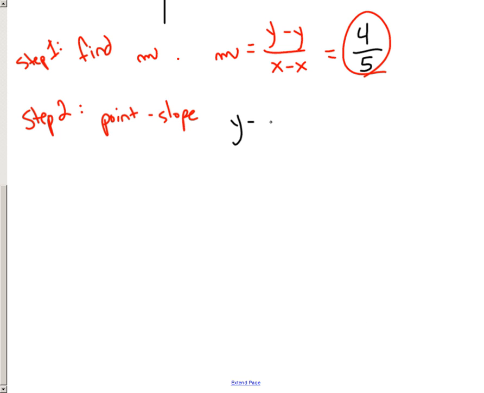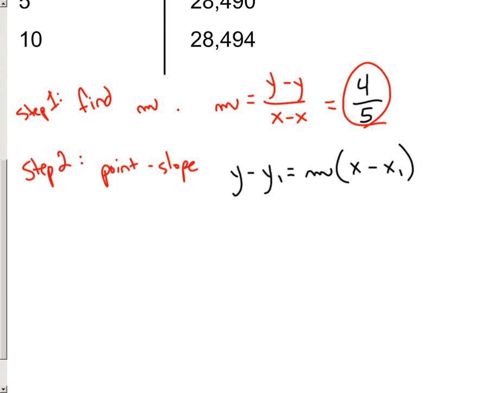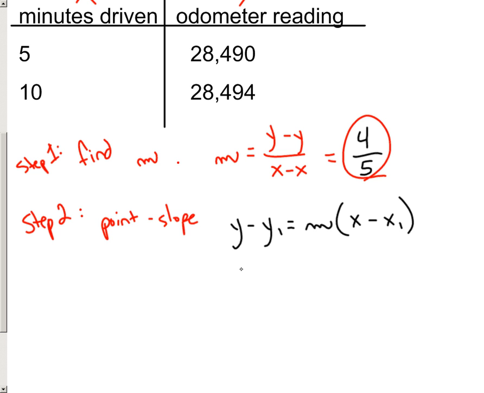Y minus y1 equals slope times x minus x1. All right. These y's are about the same, but I like that 5 a little bit more than the 10, so we'll use this point right here to plug in. Y minus 28,490.